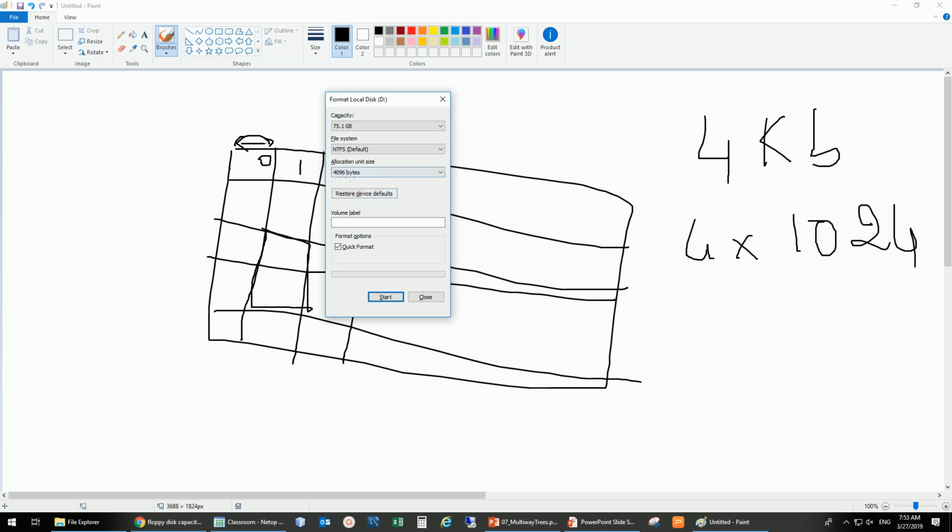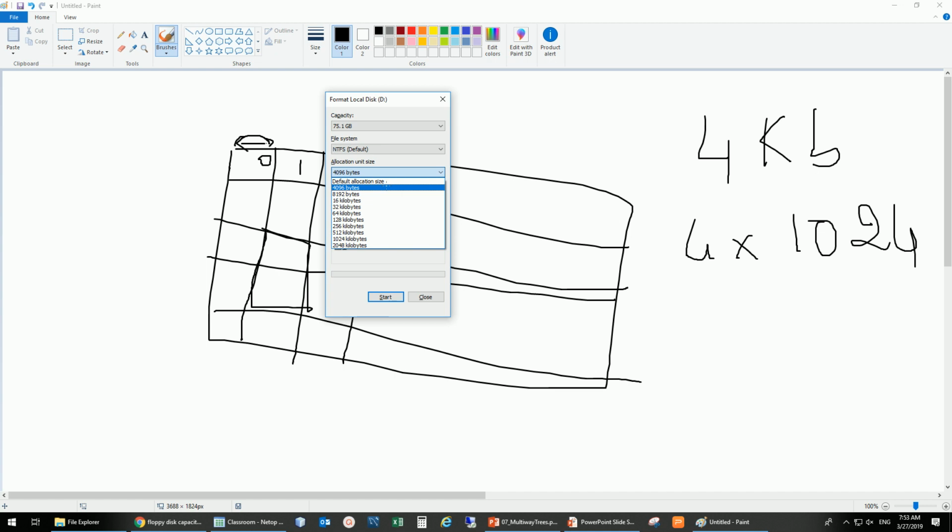So 4096 is 4 times 1K. But you can change that to something bigger, or, well, that's the smallest you can have. But in some other operating systems you can go down to 512, maybe half of a K.